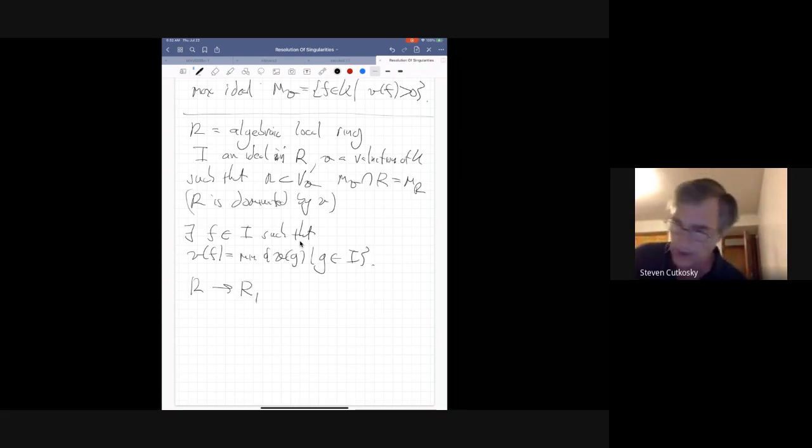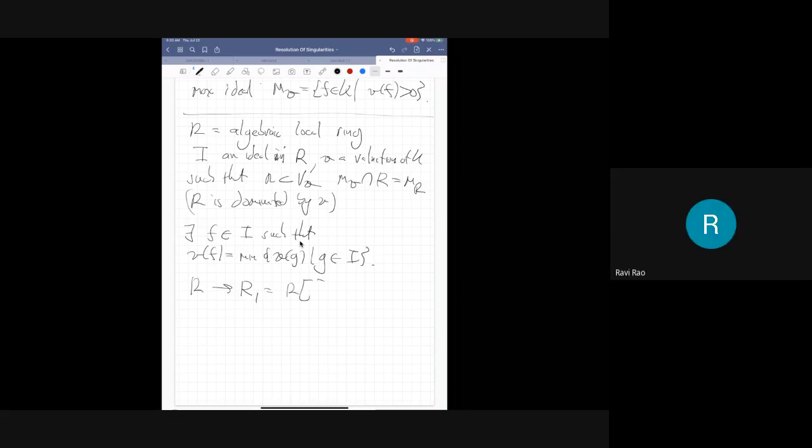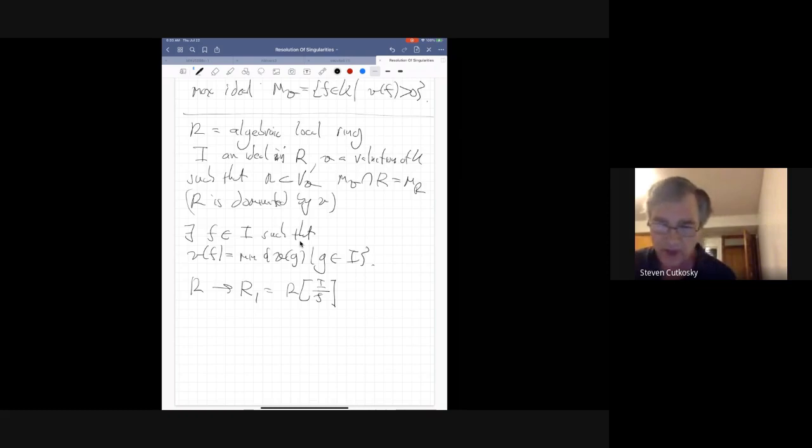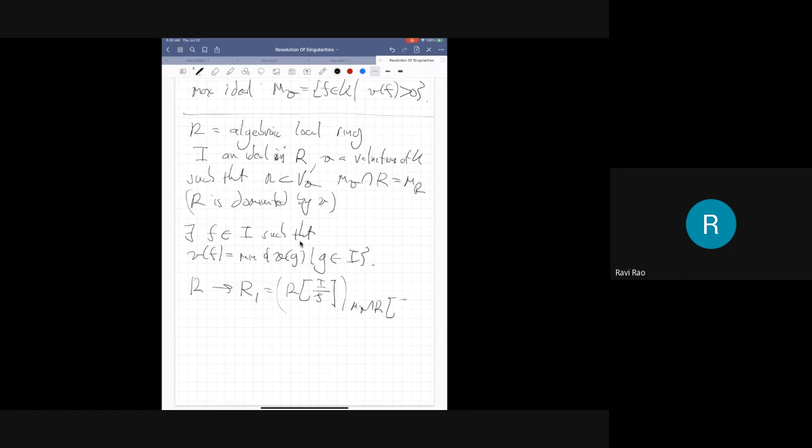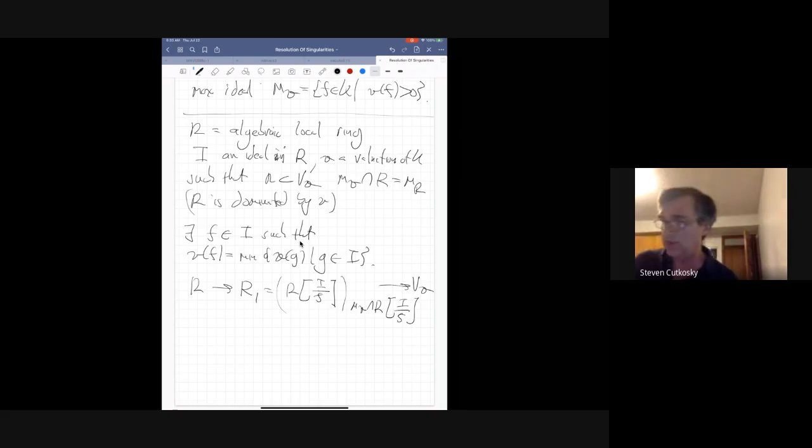Okay, so we construct this birational extension. We take I and we divide everything in I by f. So you can get this just by taking a set of generators and dividing them by this f. And then this ring sits inside the valuation ring. We localize at the pullback of the maximal ideal.